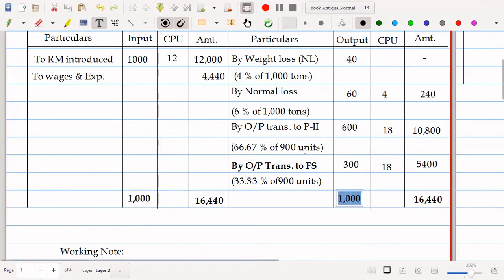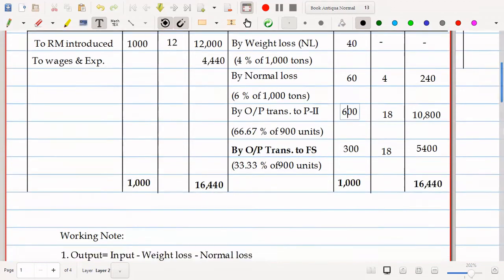Now we have to move on to process 2. So output transfer to process 2 is given here, that is 600 into 18 comes to 10,800. So these we have to take to process 2 now, because the output of process 1 becomes the input for process 2, 600.